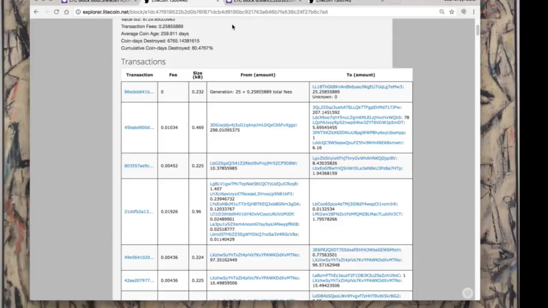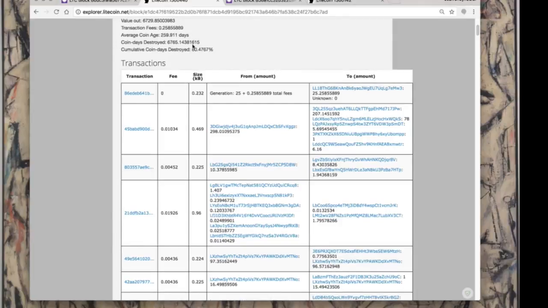All right, let's talk about average CoinAge days. CoinAge is something that isn't really talked about a lot anymore, but the concept is you date a coin by the first time it touches a Litecoin address. So if I send one Litecoin to a Litecoin address, then that's the first day. And then they measure the age of the coin by blocks: how many blocks has it been since that Litecoin was sent to that address?